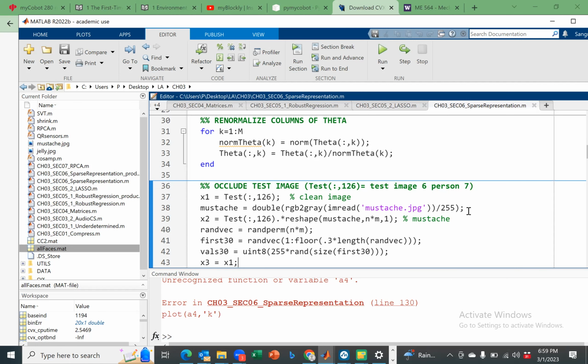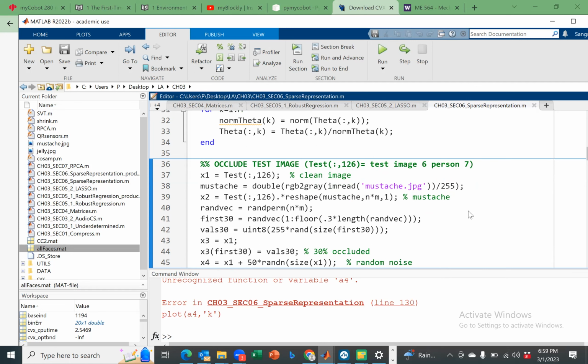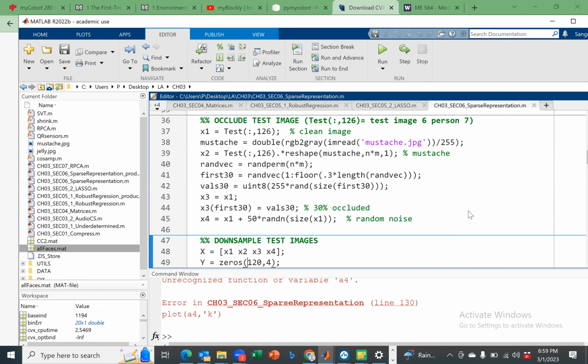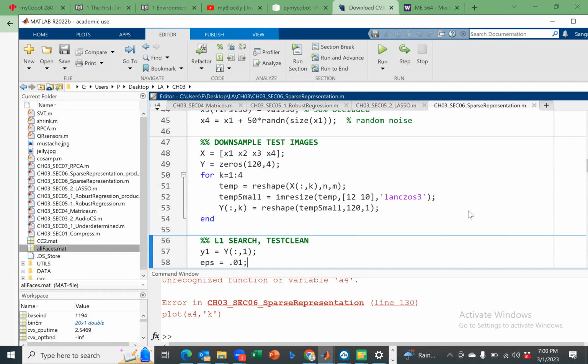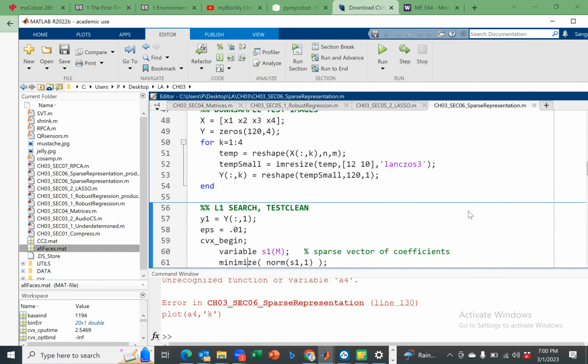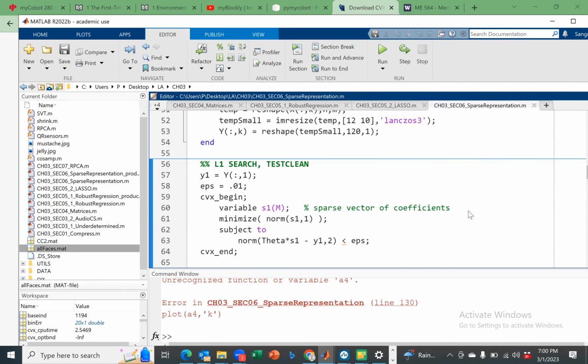So you capture the image of that person, then add a mustache, and then you rerun through the downsampling algorithm, and at the end, you do the L1 search, and this, believe it or not, is the norm condition that we wrote.